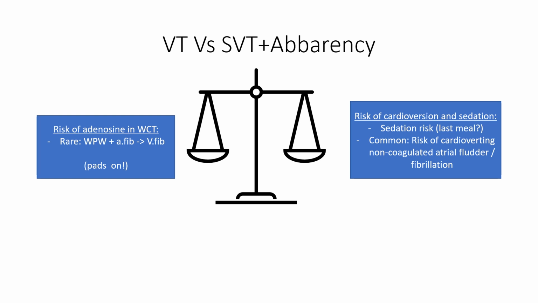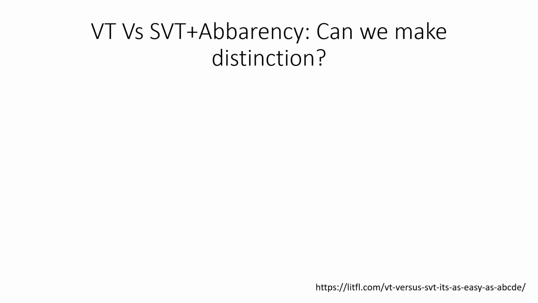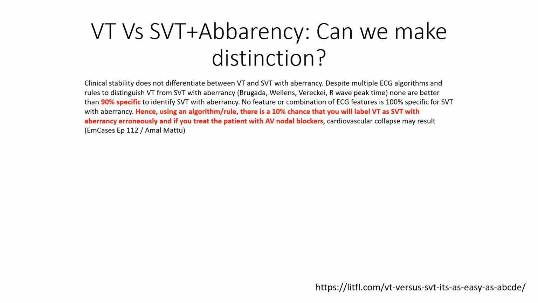But what does the guideline say? Oh, sorry, yeah. Can we make the distinction between these two? Well, according to EM Cases and Mattu, any of these rules that we have are only 90% specific. So we will miss 10% of them.